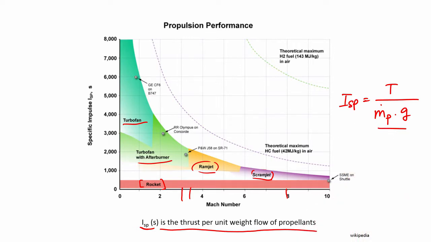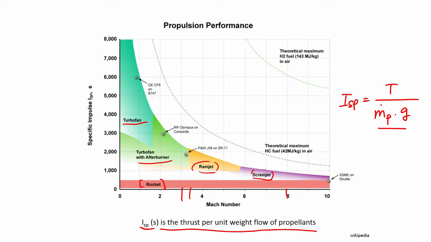The specific impulse of the scramjet engine is higher, of the order of about 1000, whereas in a rocket you have to carry both the oxidizer as well as the fuel. So for that reason the specific impulse of the rocket is inherently lower than that of any air breathing engine. But of course, as you see, at very high Mach number this approaches that of the rocket.